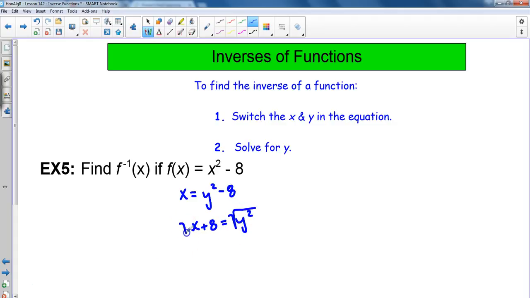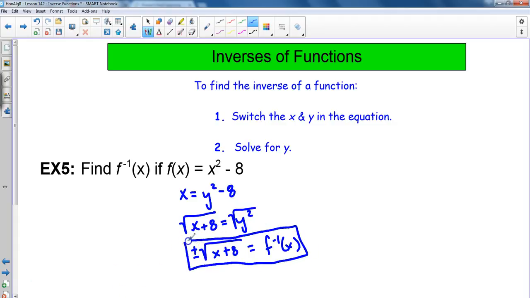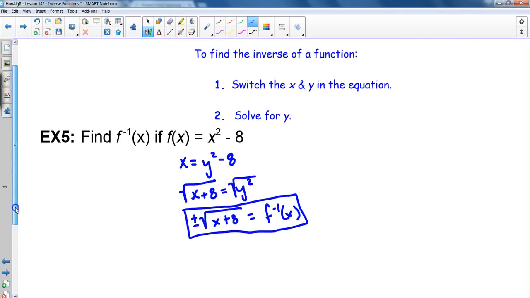And we take the square root of that, and we know we always get a plus or minus when we take the square root. So that's going to be equal to the inverse of f of x, and that's our function. So again, you can see here we're just going to mention these things.